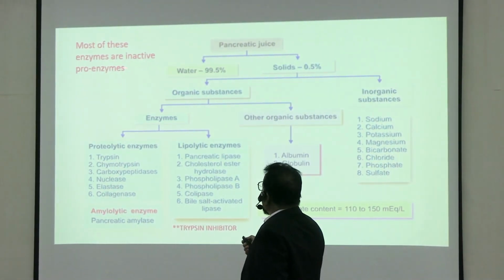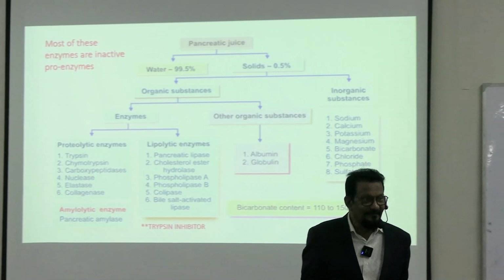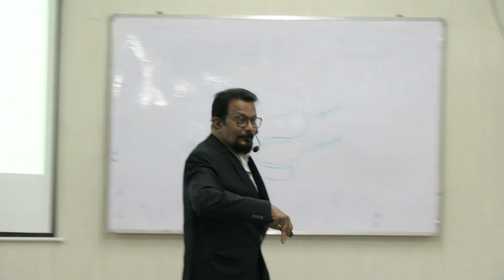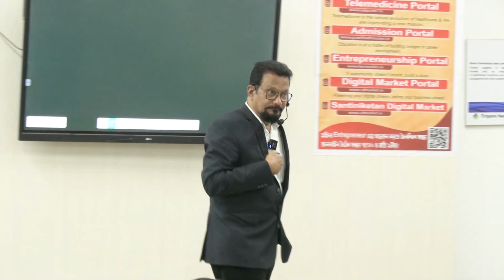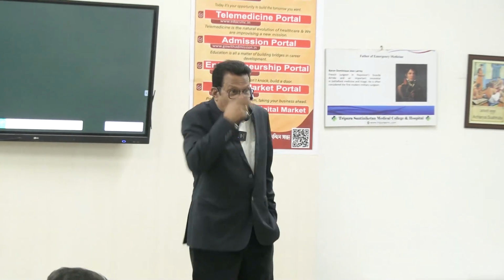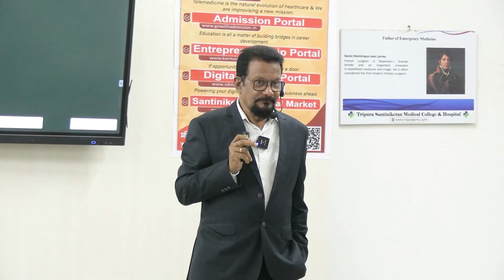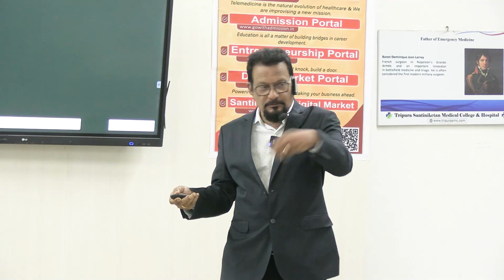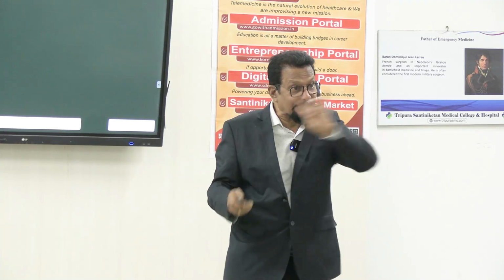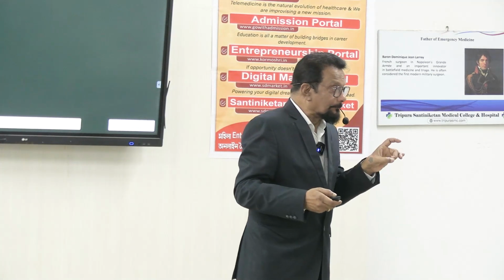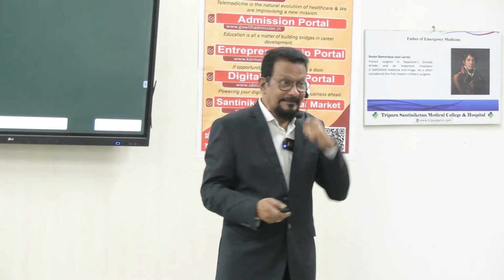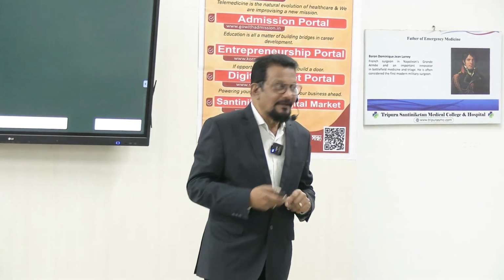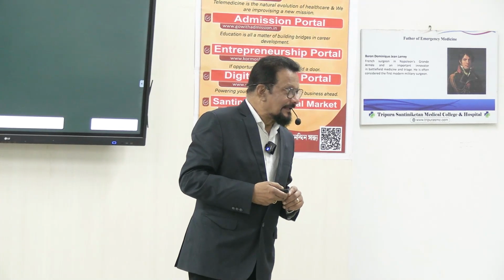Most of these enzymes are inactive proenzymes. When they enter the intestinal lumen, first one thing will be activated. Out of all these enzymes, when there is secretion through the ampulla into the intestinal lumen, into the duodenum, first one proenzyme will be activated, and it is trypsinogen.